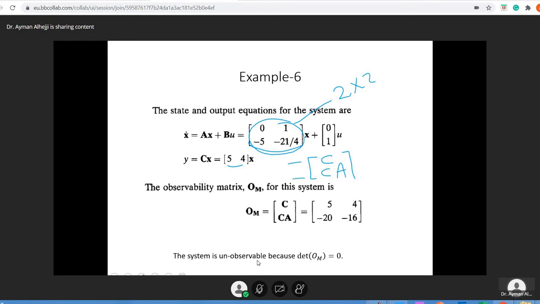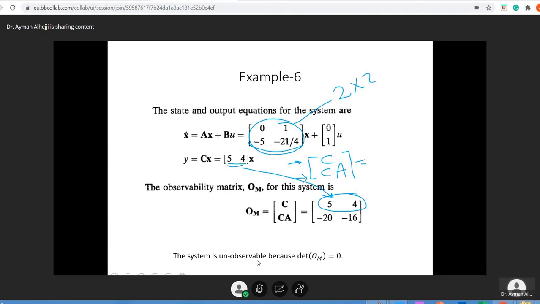So here you can see 5, 4 as the first row, and the second row is C times A. We multiply 5 times 0, 0; 4 times minus 5, which is minus 20.